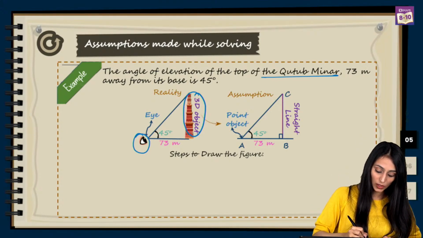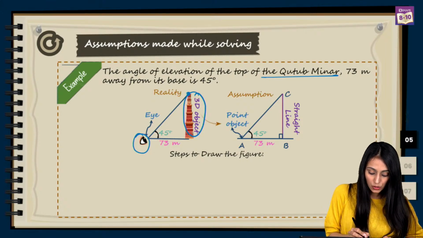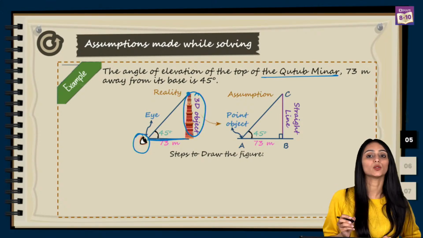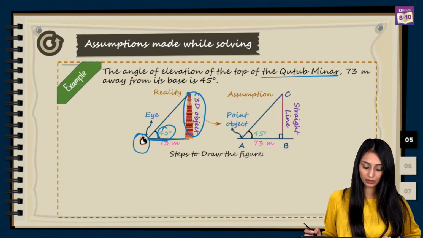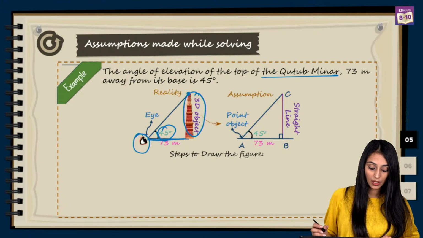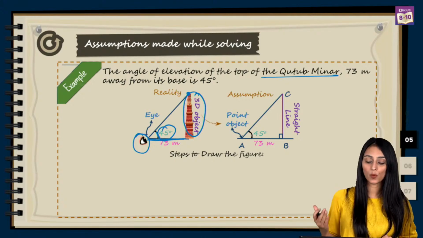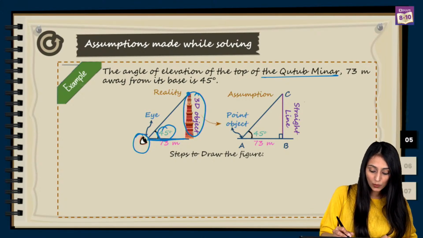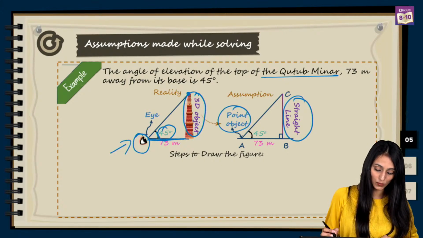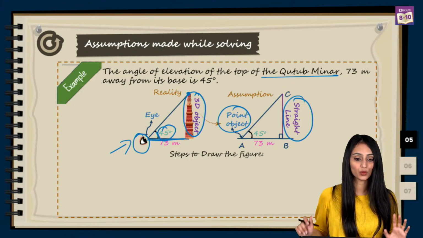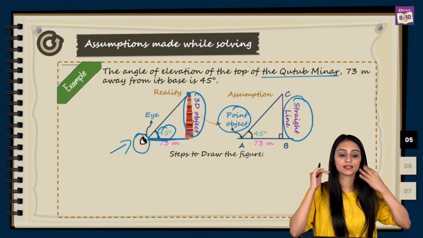The distance between the observer and the Qutub Minar is 73 meters, and looking up, the observer makes an angle of 45 degrees. When we draw the figures, we consider this 3D object as a straight line and the eye of the observer as a point object. That's how we have to draw the figure.